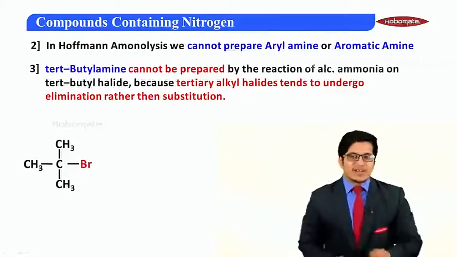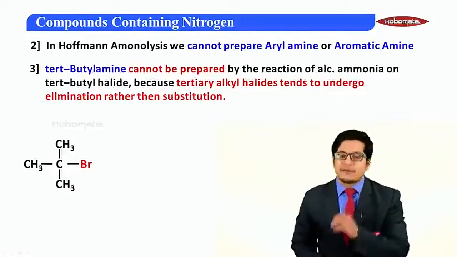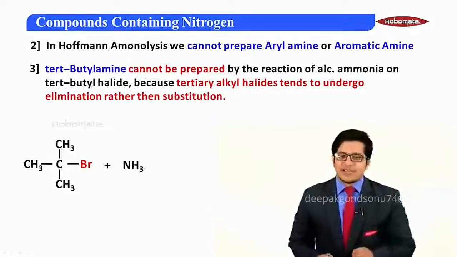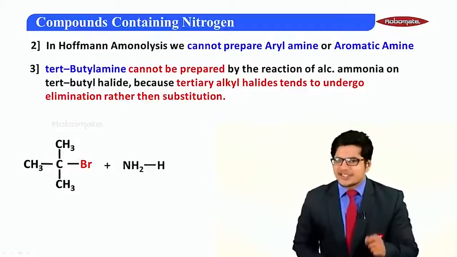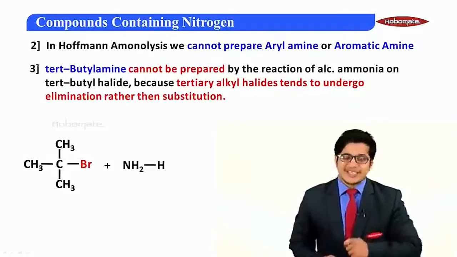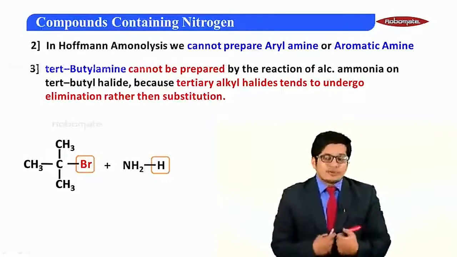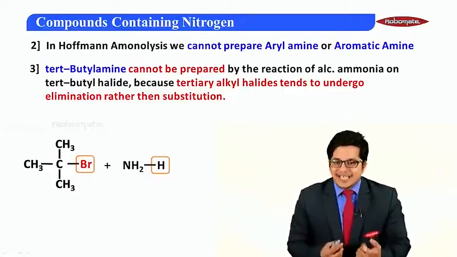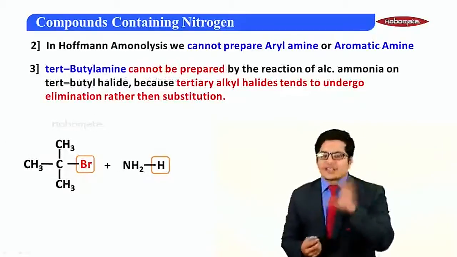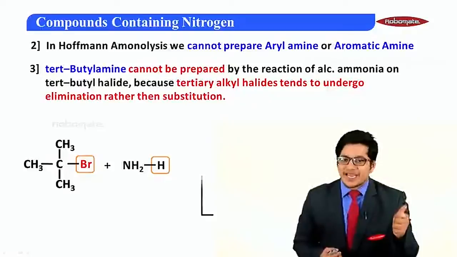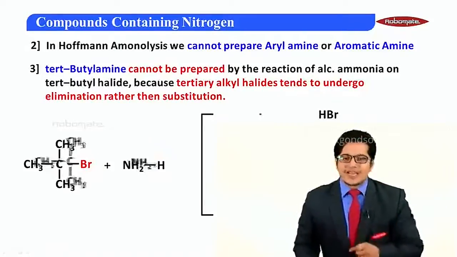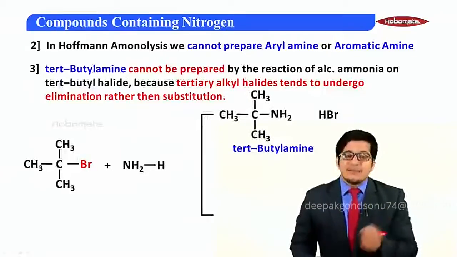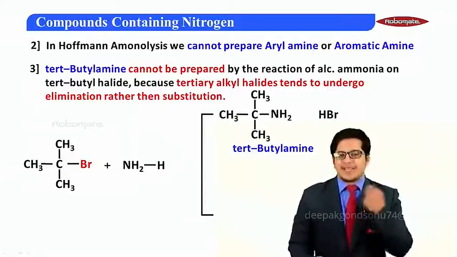First of all, we took tertiary butyl bromide and treated it with ammonia, NH3. Now, NH3 can be written as NH2H. The product we are expecting is that H and Br combine to give HBr, and along with this we would get tertiary butyl amine.